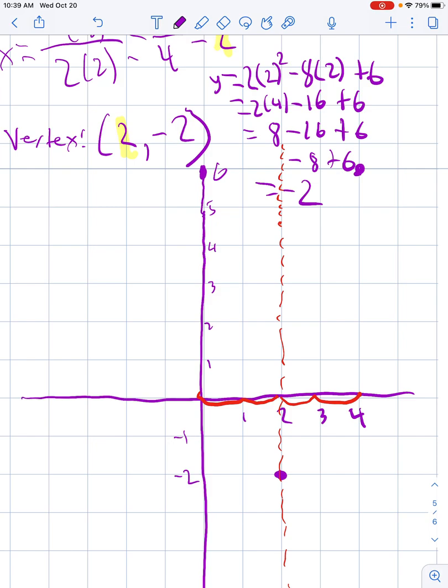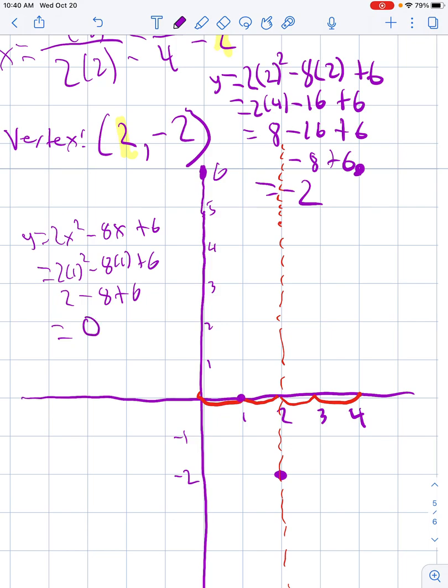And I should probably try to figure out when x is 1, since I have a 0 and I have 2 and I have 4. If I find when x is 1, I'll also know what y is when x equals 3. So again, my original function is 2x squared minus 8x plus 6. If I plug in a 1, 2 minus 8 plus 6 equals 0.